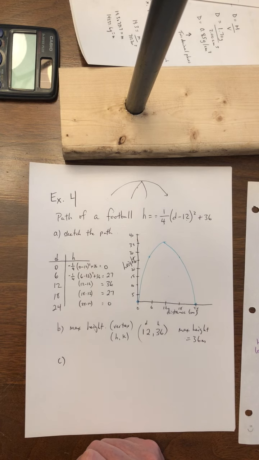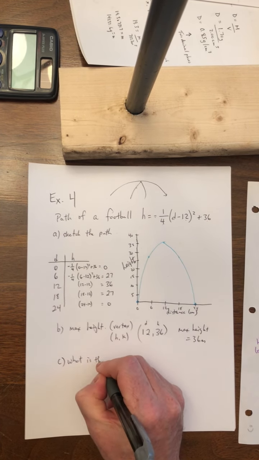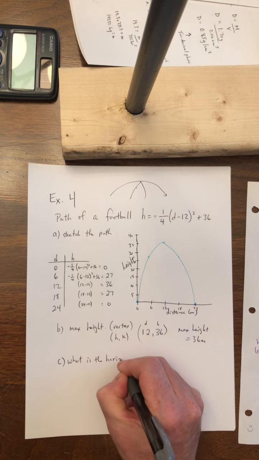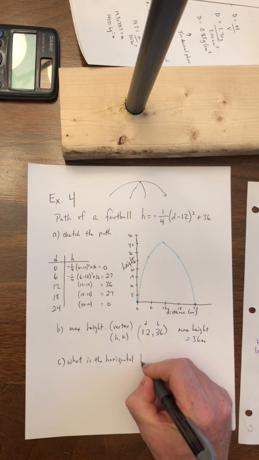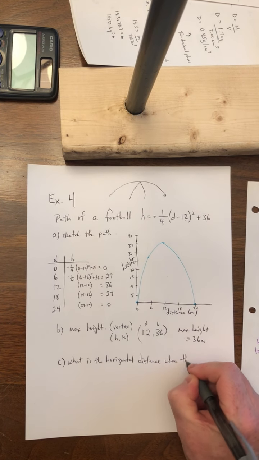Part C. What is the horizontal distance when this occurs?